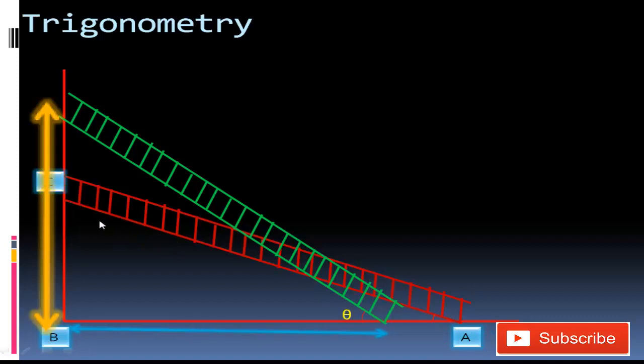If we place the ladder on the lower portion of the wall, theta is decreasing. When theta is decreasing, the height also decreases and the base increases.